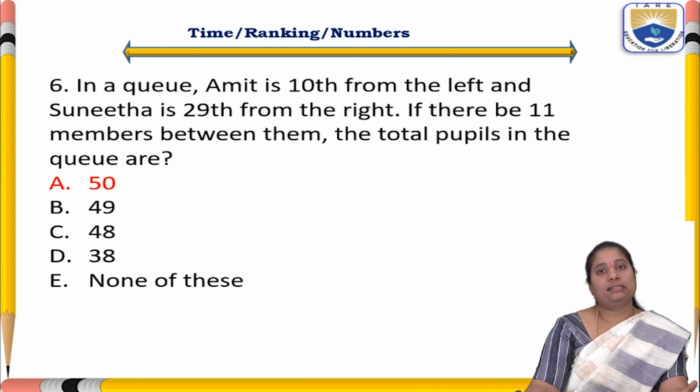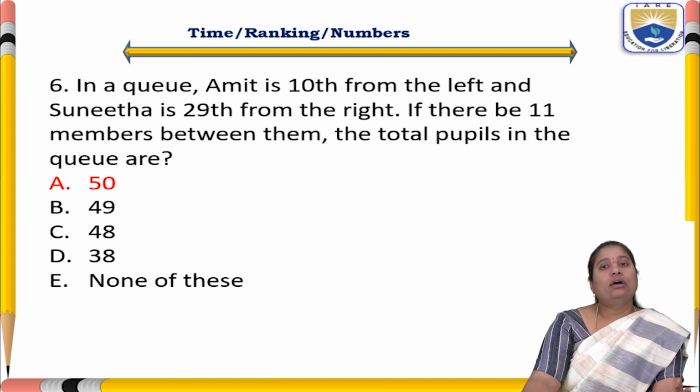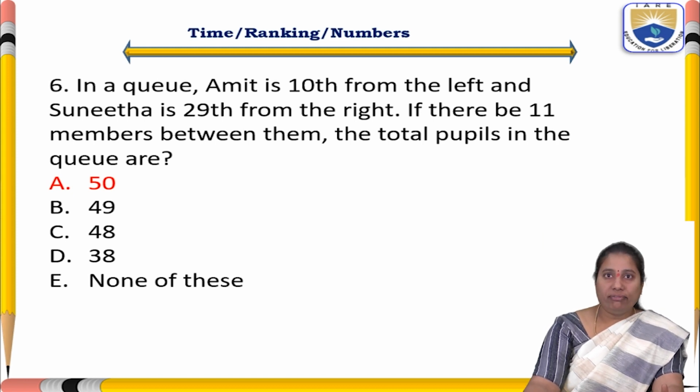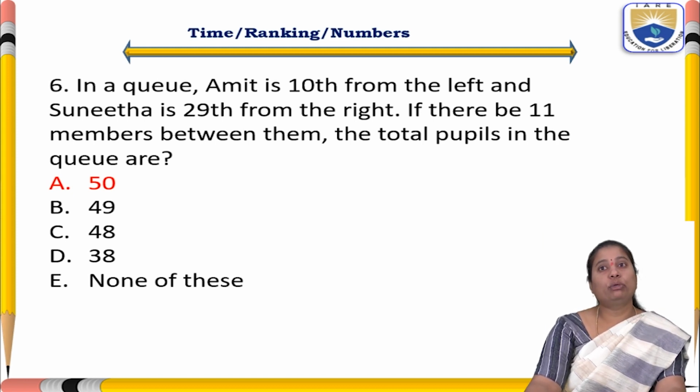The next one, sixth question. In a queue, Amit is 10th from the left and Sunita is 29th from the right. If there are 11 members between them, the total number of people in the queue is, obviously, we add all of these.